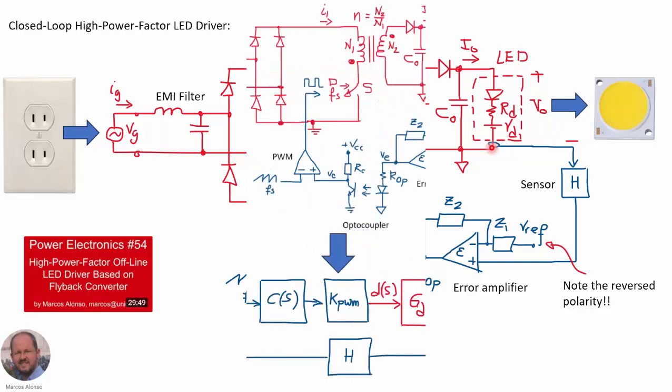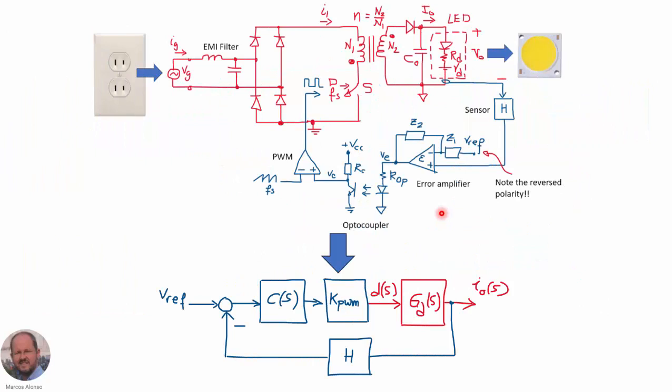Here we have again the schematic of our LED driver operating in closed loop, and we can model our converter using this block diagram here to model the dynamic behavior of the converter. So here we have our converter in which we are injecting the duty cycle signal and generating the output current through the LED.